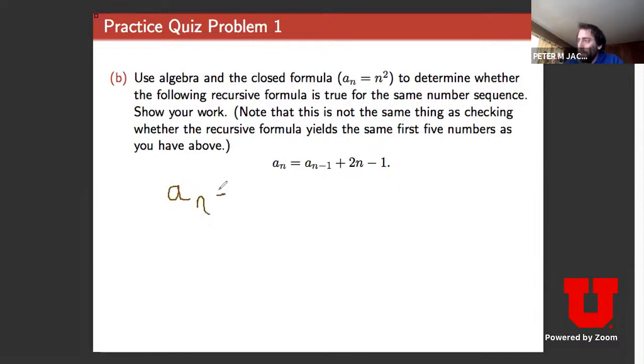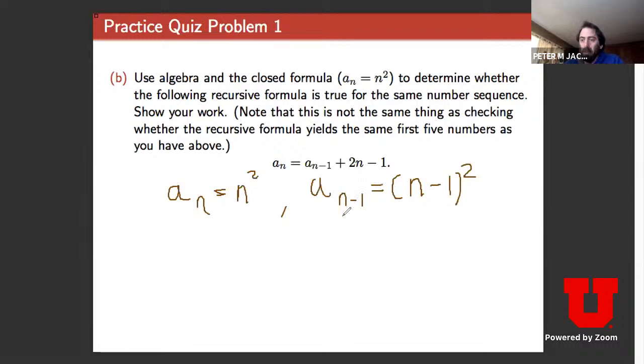An is n squared. And an minus 1. So this is for an n that's at least 2, because we don't have an a0. So n is at least 2. This is n minus 1 squared. And we want to know the relationship between an minus 1 and an.